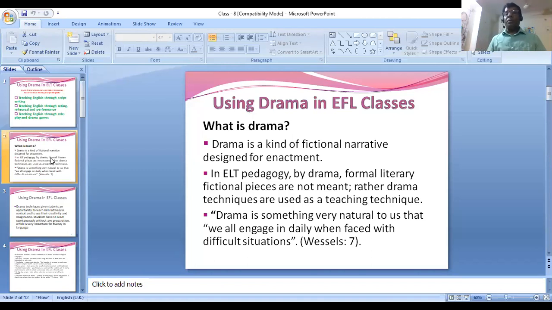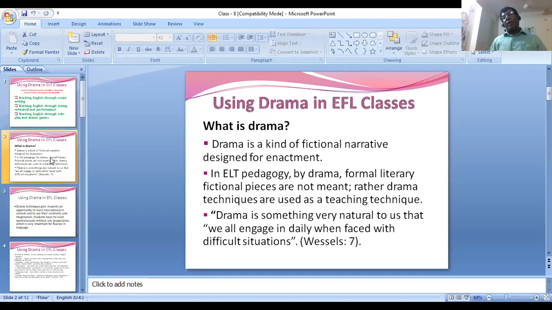Look at the difference between how we get a story from a novel and how we get a story from a drama. In a novel, the story is told by a narrator. Usually, it is the author who is the narrator of the story of a novel. Or there may be only one character, or two characters in a novel who are telling us the story.